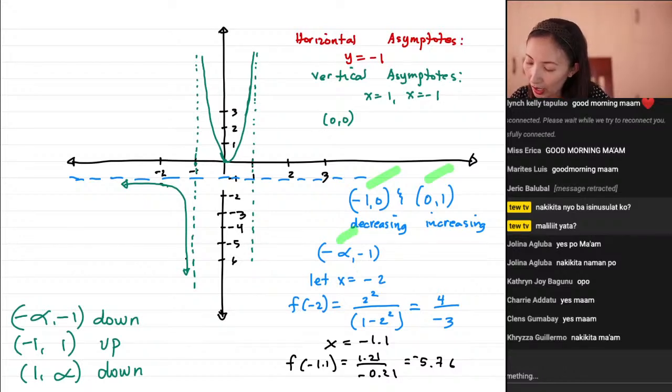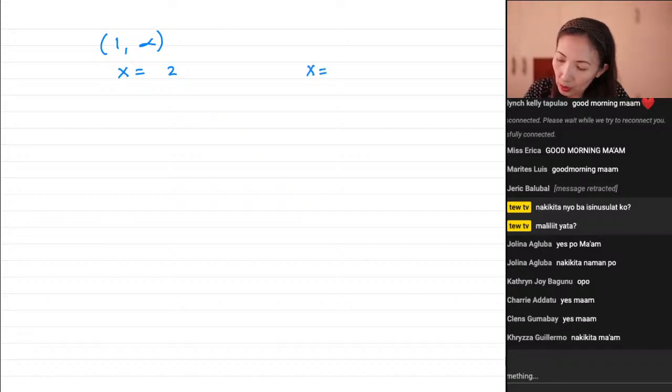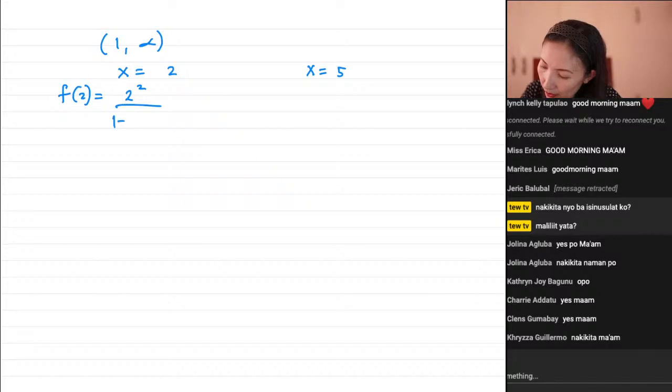How does the function behave from positive 1 to infinity? Okay, so the next interval is from positive 1 to infinity. Let's identify x values. Let's say x is equal to 2 and x is equal to 5. What is f of 2? Our original function is x squared all over 1 minus x squared, so 2 squared. It will be 4 over negative 3.